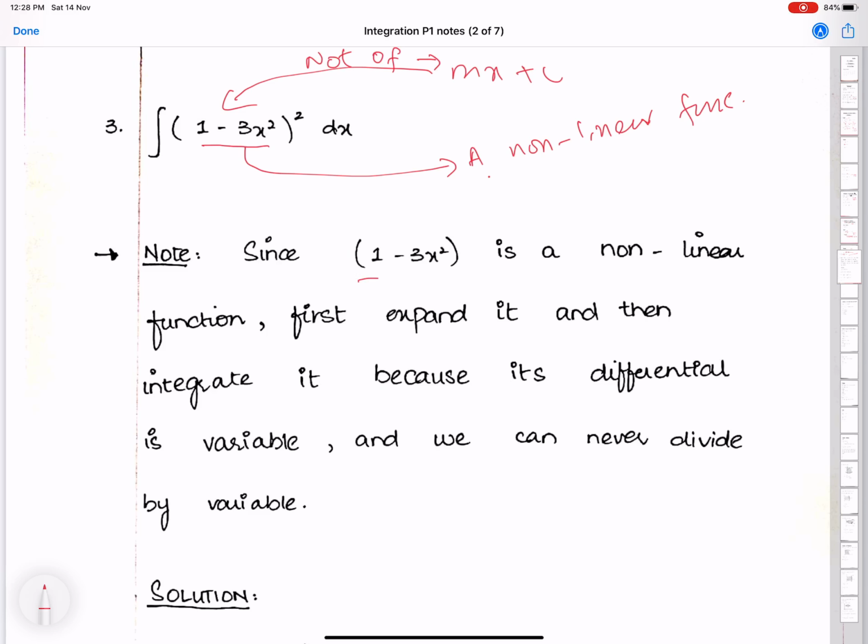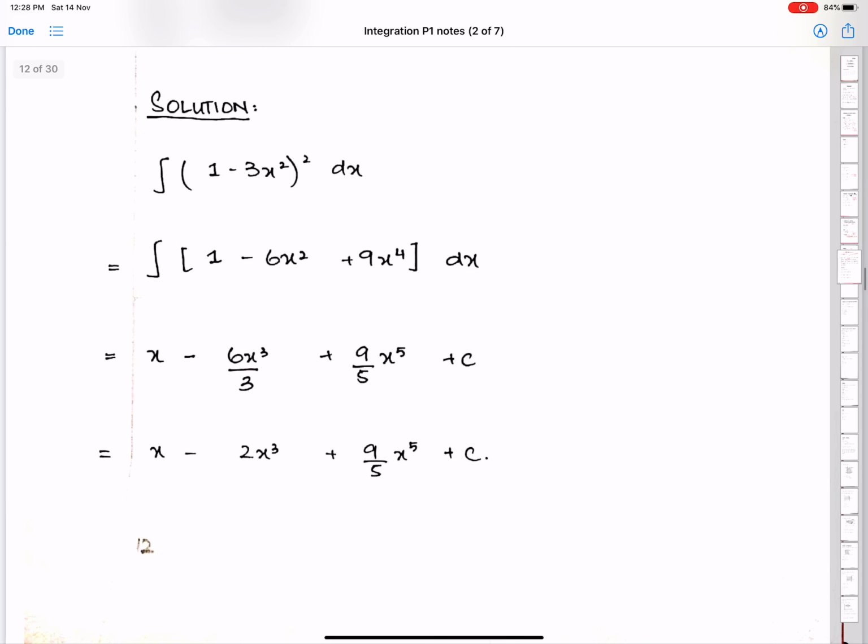Since this function is a non-linear function, first expand and then integrate, because its differential is variable and we can never divide a function by a variable differential. If you differentiate this function mentally, you will get minus 6x. So never divide a function by a variable differential.